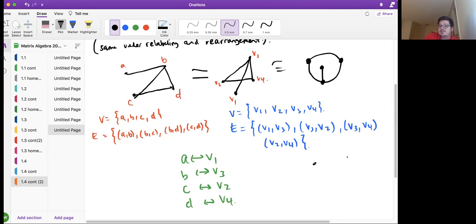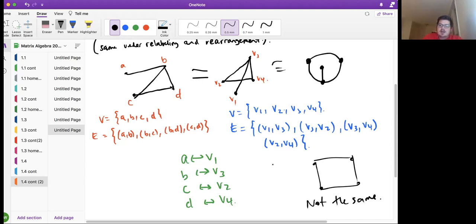Here's something that's not the same. So they won't have the same edge set, right? What's special about this edge set? There's something in this edge set that's not true in this edge set, right?